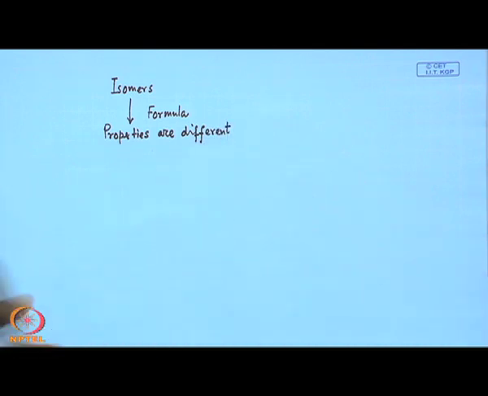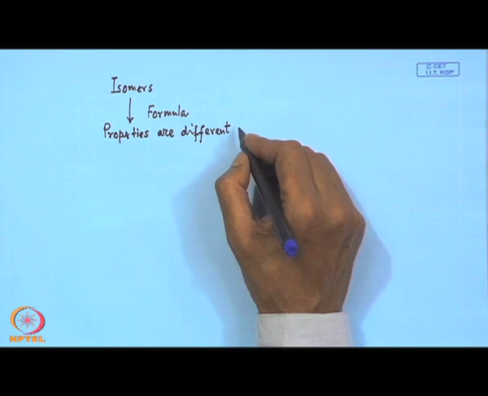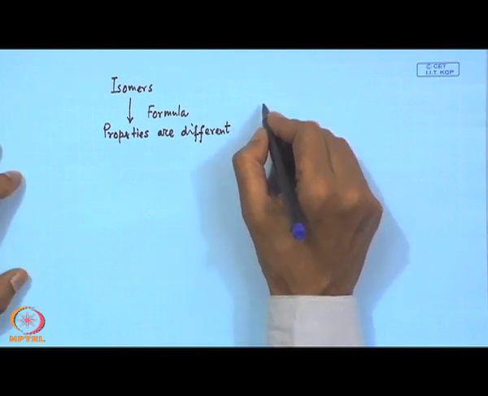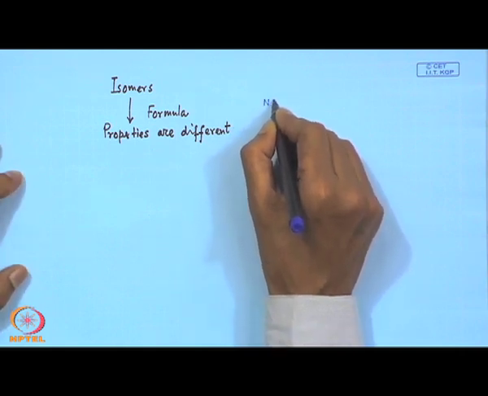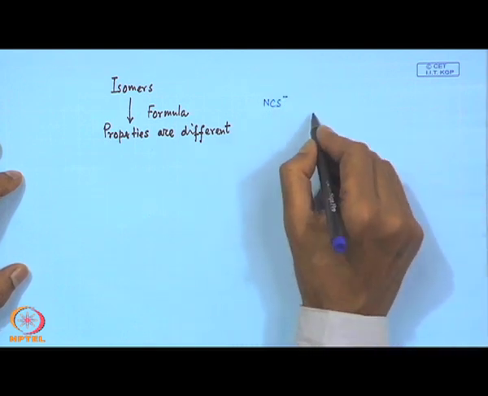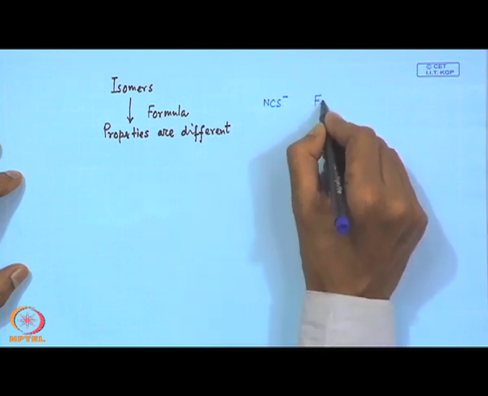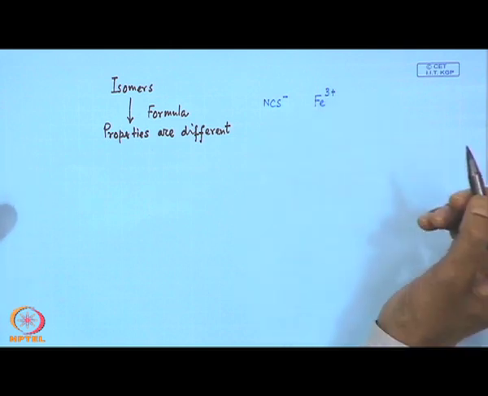So, that is a very important point to consider, if we can have the very simple coordination isomerism, say that we are talking about NCS minus. So, this anion, and we are talking about the corresponding binding of this with say Fe3 plus.